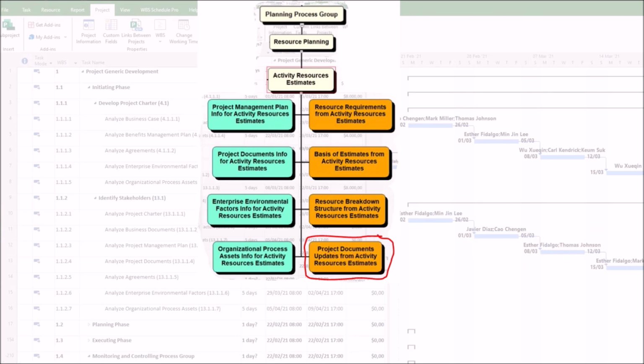In conclusion, while the activity resource requirements is the direct, primary output of the process, the project documents updates output is the connective tissue in the institutional memory. A poor project documents updates output transforms the estimate activity resources process from a strategic, forward-looking planning activity into a mere guessing game.